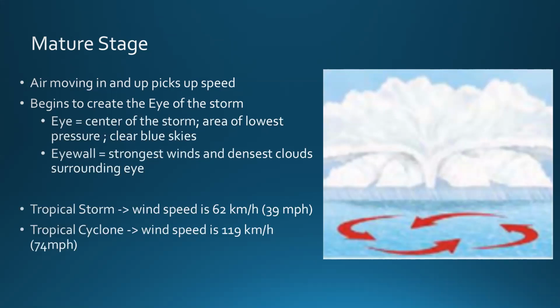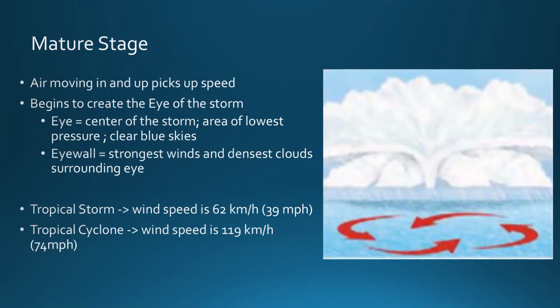Once it becomes classified as a tropical cyclone, again, another name for your hurricane, cyclone, or typhoon, the wind speeds are higher than 119 kilometers per hour, or 74 miles per hour. Scientists classified these numbers, which do seem weird and uneven, based on destruction, when a tropical cyclone or hurricane really becomes detrimental to people and structures.